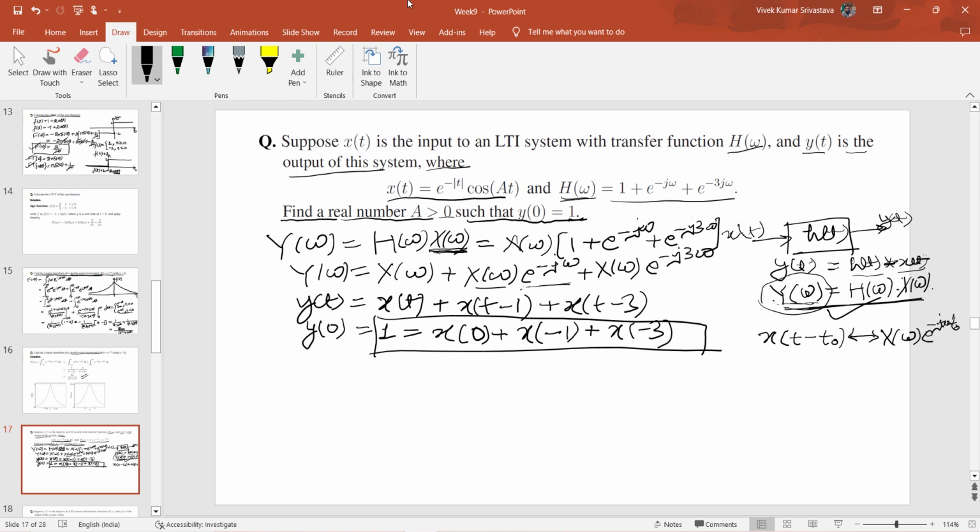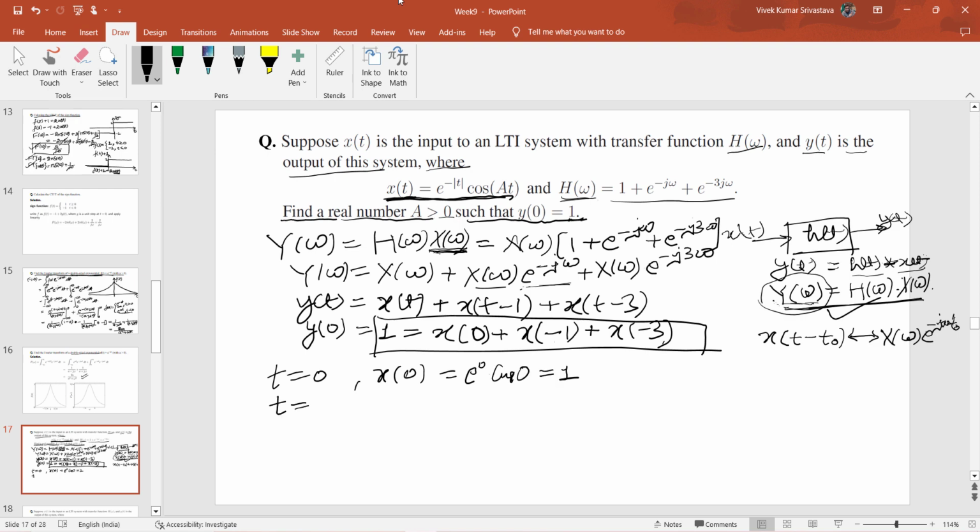Now x of t is already given to us in the problem, so we can substitute the value of t as 0, minus 1 and minus 3 in this x of t. So for t equals 0, the value of x of 0 will be equal to e raised to the power 0 into cos of 0, which is nothing but 1.